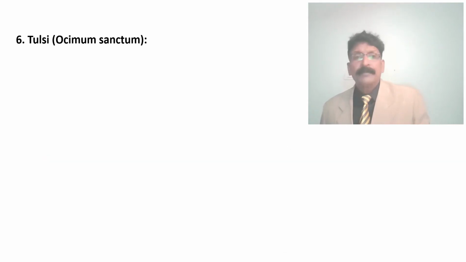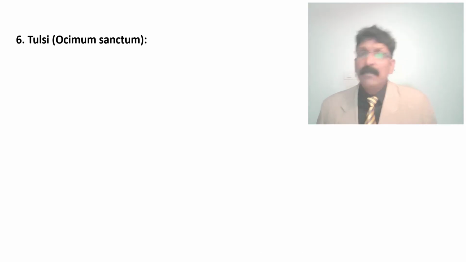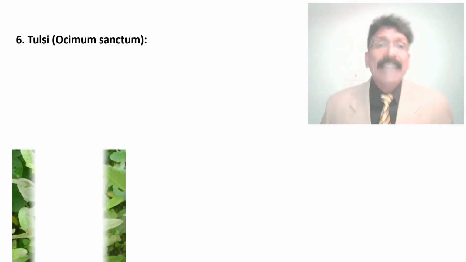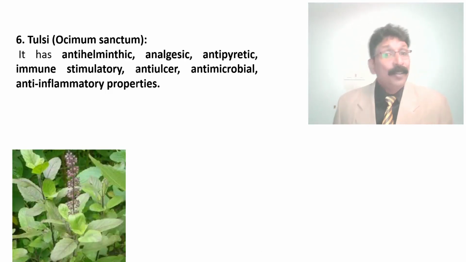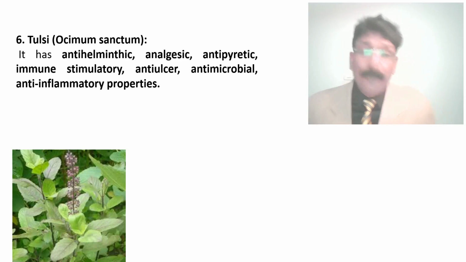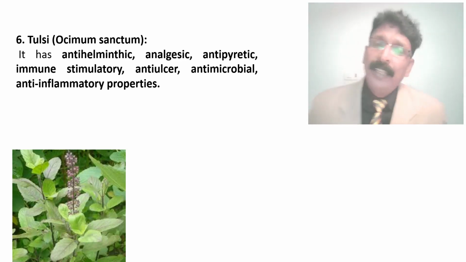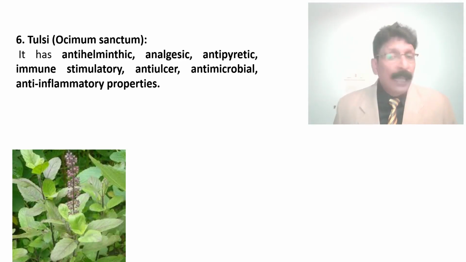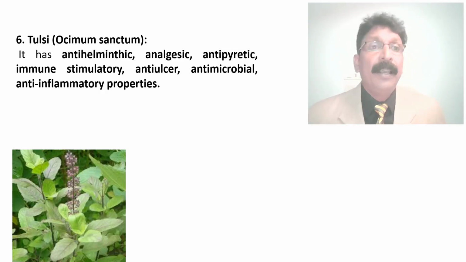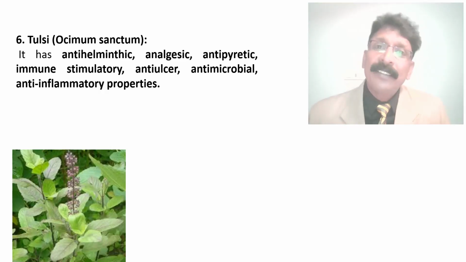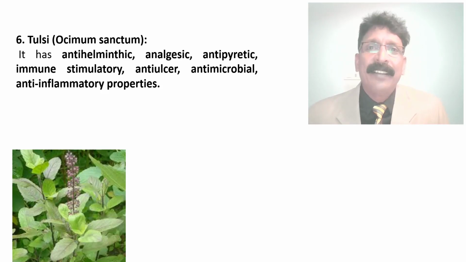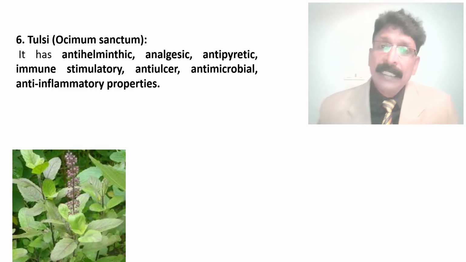Tulsi, Ocimum sanctum. You will know the flower and the plant very well. Every home in our place will have it. It's a spiritual and traditional plant which is present in every home.